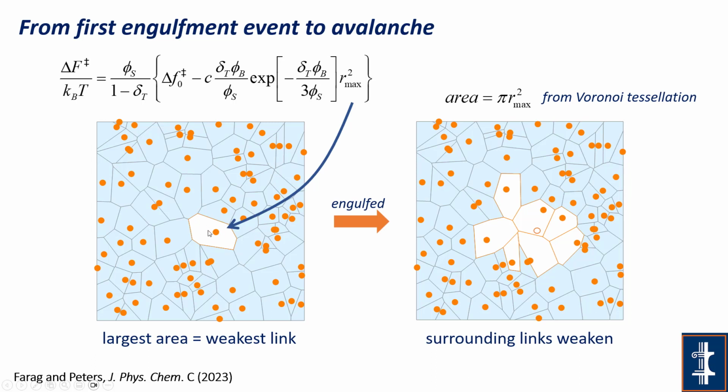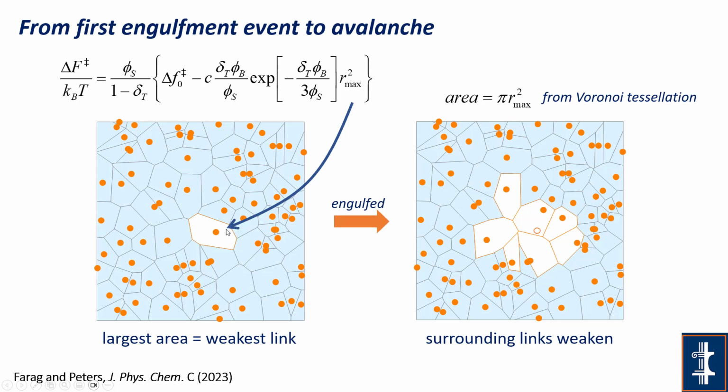Now these little areas here, these are Voronoi tessellations of the surface, and what we've done is we've equated the pi Rmax squared to the area of that Voronoi cell around each of these antifreeze proteins. So this one corresponds to the one with the largest area and therefore the largest Rmax.